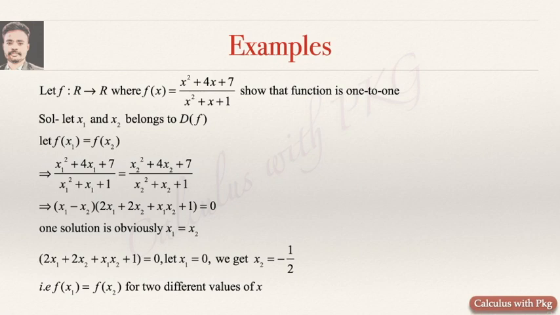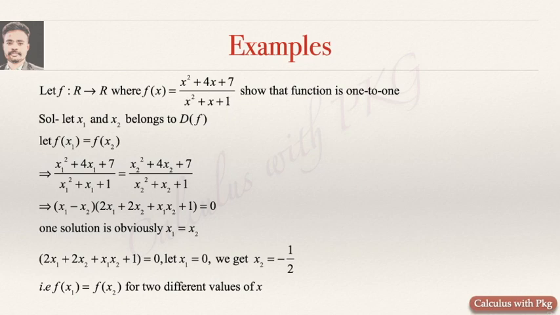So first we will evaluate f of x1 equal to f of x2 in this example. Here, f of x is equal to (x square plus 4x plus 7) by (x square plus x plus 1), and we choose x1 and x2 belonging to the domain of f.